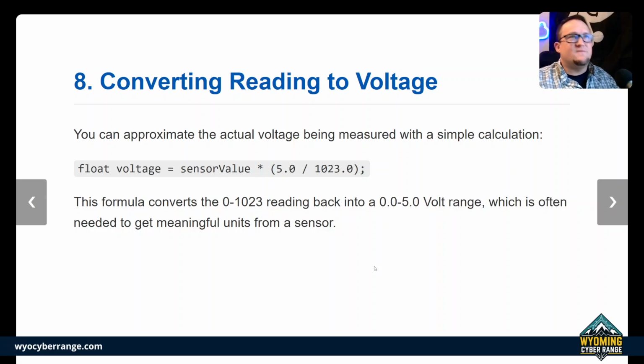If you use a different microcontroller, this 5 could change to a different number, but it's always going to be that voltage divided by 1023. This will give us the voltage that we see on that line. For instance, if I got a number of 511 and I wanted to know what voltage that was, 511 times 5 divided by 1023 is going to be 2.5. That's how we can determine how much voltage is on a single pin.